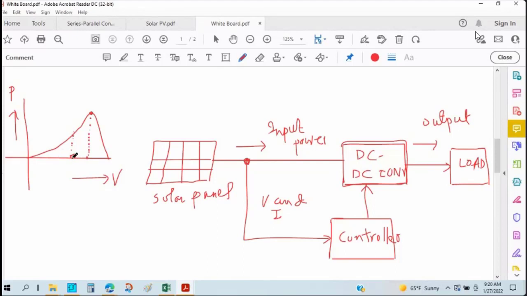That means if we change the voltage, and if we measure the power, we can see that the power is increasing, right? Yes, the controller will do that. And the next time we will change the voltage again. And if we see that the power is increasing, we will keep increasing the voltage.